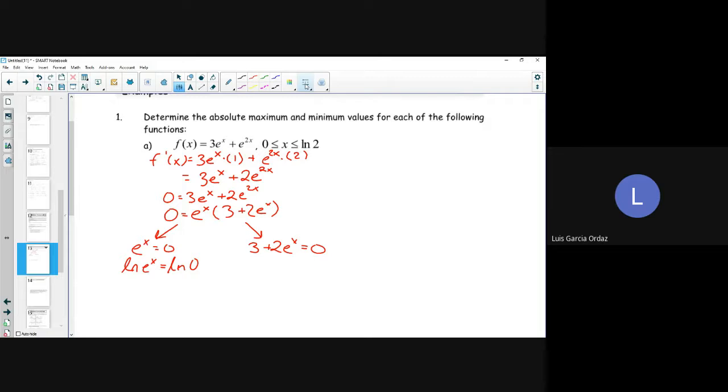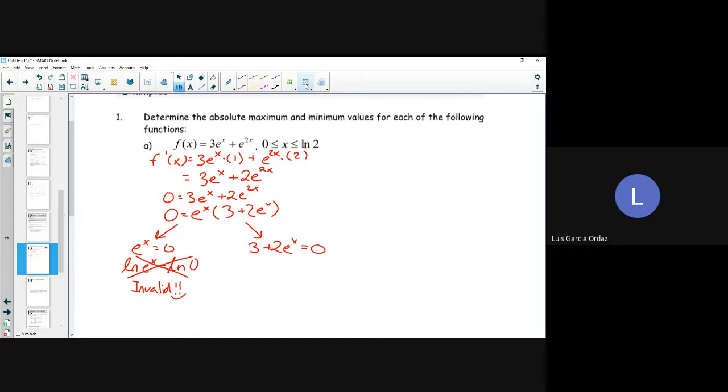Will this ever happen? Will e to the x ever equal 0? No. So you would say this is invalid.